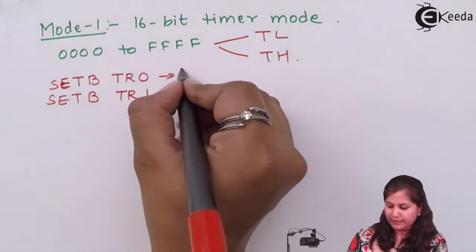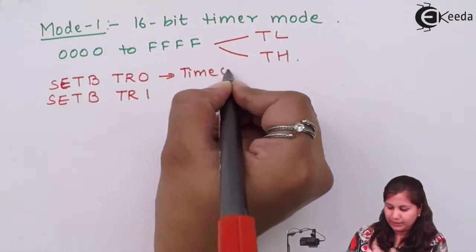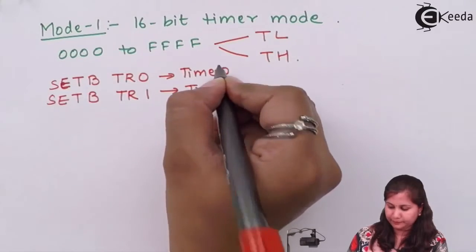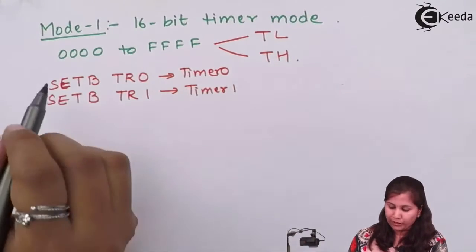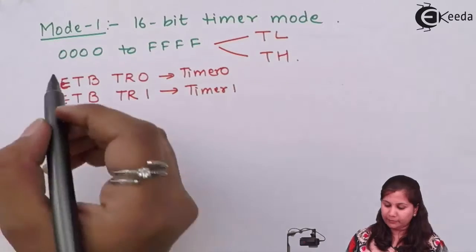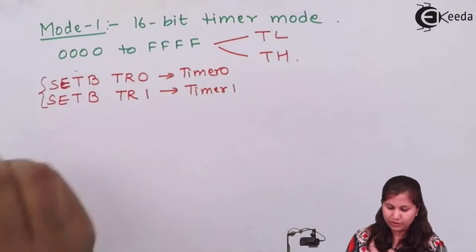This is for timer 0 and this is to start timer 1. So the first step whenever we want to start the counting operation is to start the timers. Count value is loaded. Now counters are started by using these two instructions.